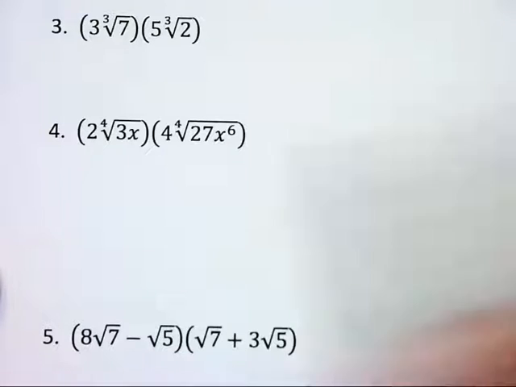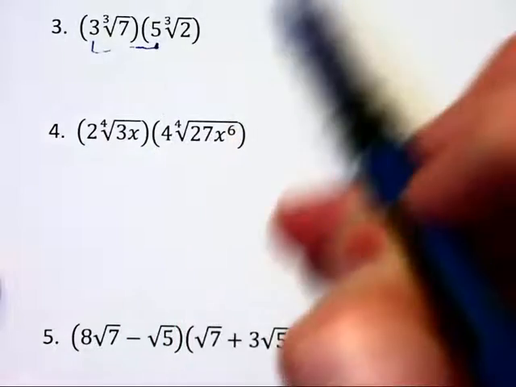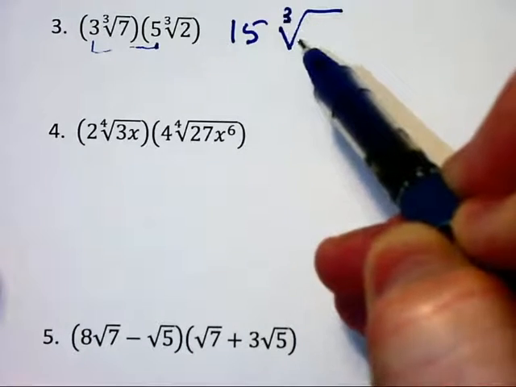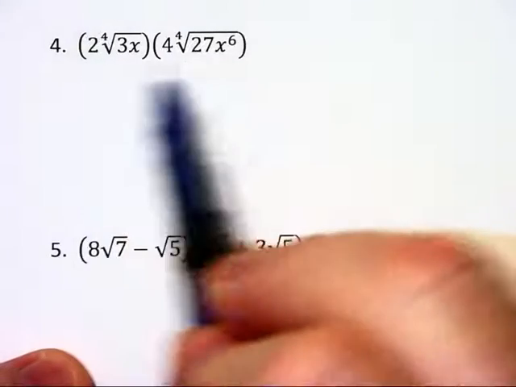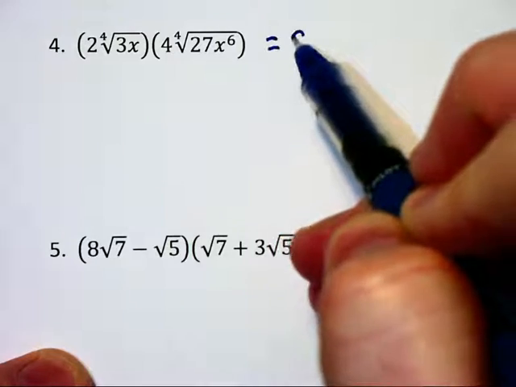For number 3, these are both cube roots. The outer coefficients, 5 times 3 is 15, and inside the cube root we have 7 times 2, which is 14.